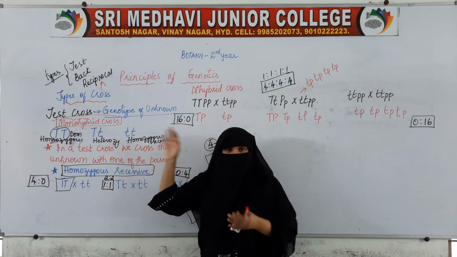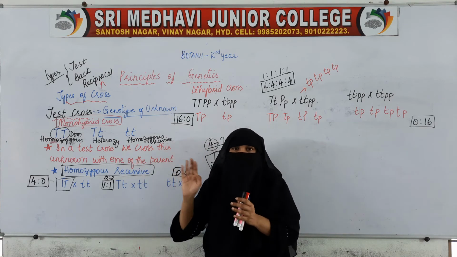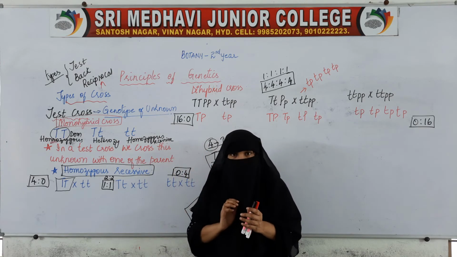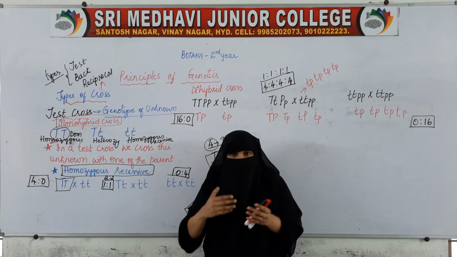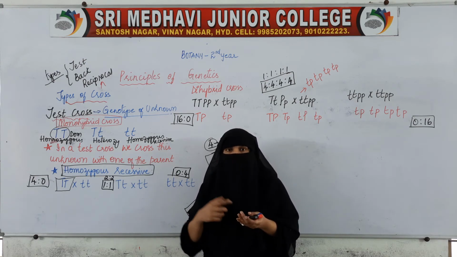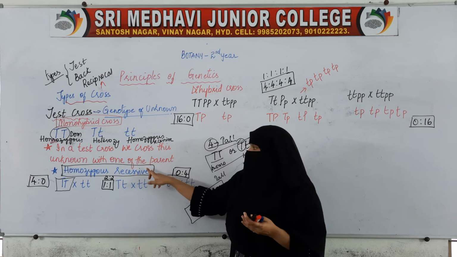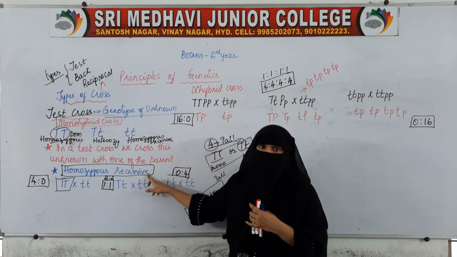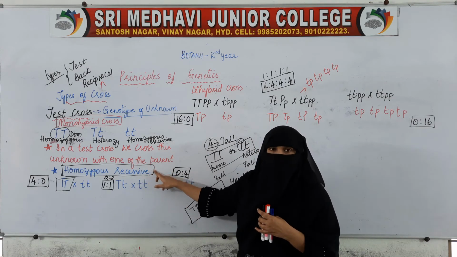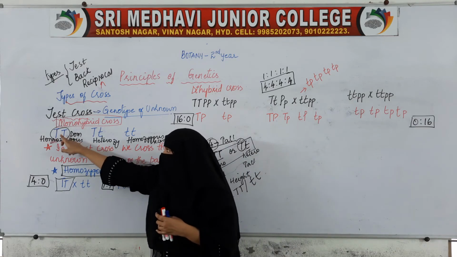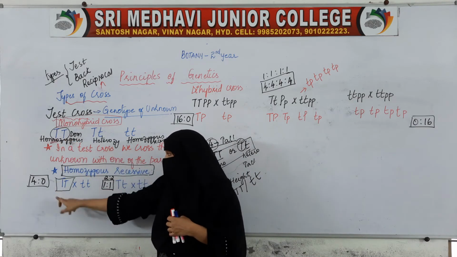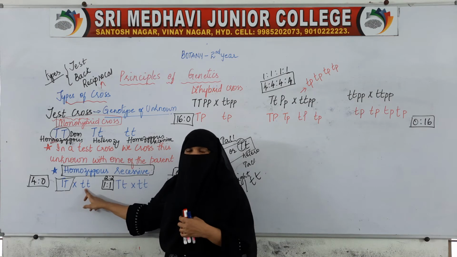At the end we will have only three types of genotypes. So by crossing these three types of genotypes with the homozygous recessive, for example, suppose it is this one, we will now cross this with recessive.